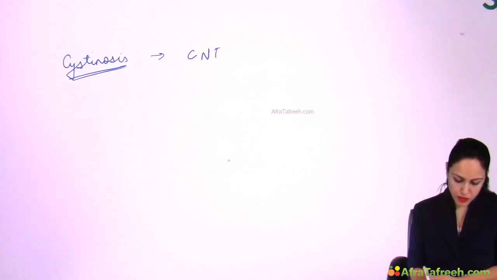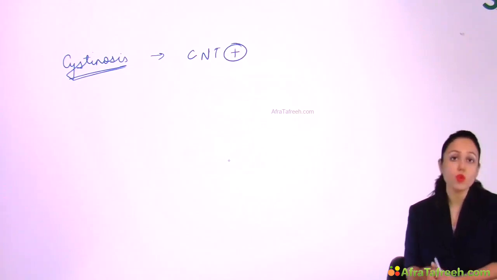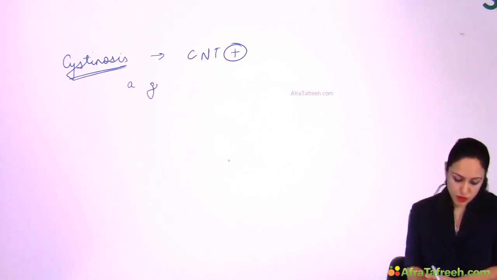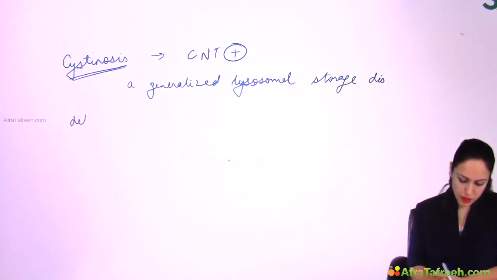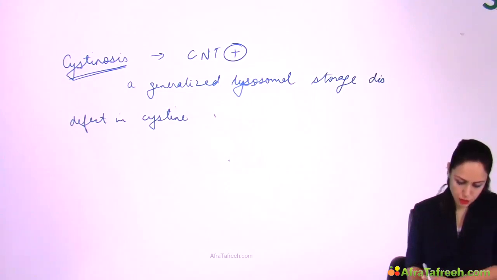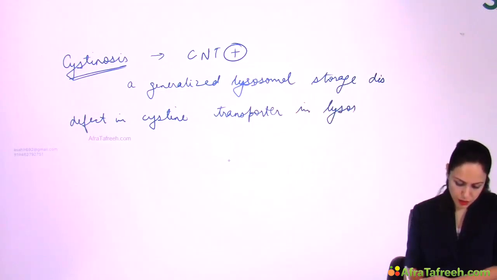Now coming to cystinosis. Here the cyanide nitroprusside test is positive. So cystinosis is a generalized lysosomal storage disease. There is a defect in the cystine transporter in the lysosomes.